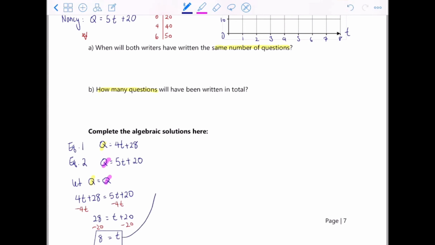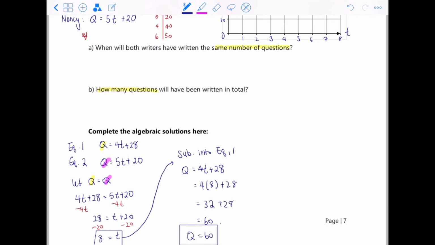We're going to use this to sub into equation 1. Q equals 4t plus 28. So 4 times 8 plus 28, which is 32 plus 28 equals 60. So Q equals 60.